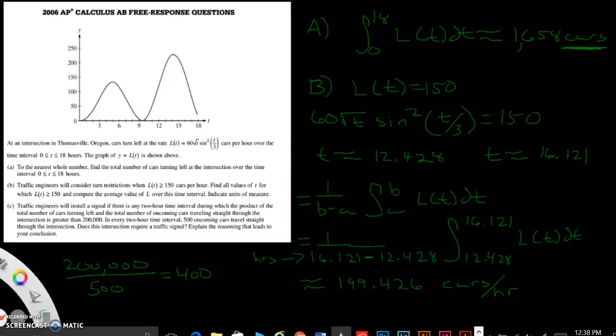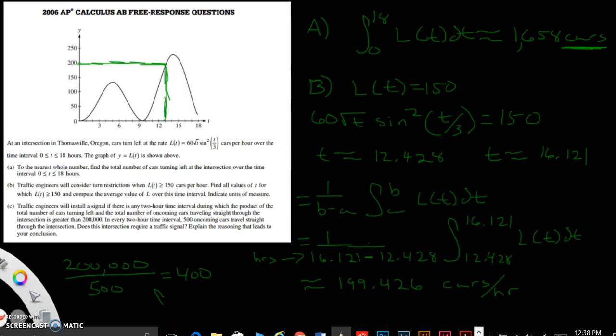So now we're going to look at our graph. This is our rate graph. Right here, we can see clearly that anything here is going to be bigger than 400. So for a 2 hour time period, that's 13 to 15.